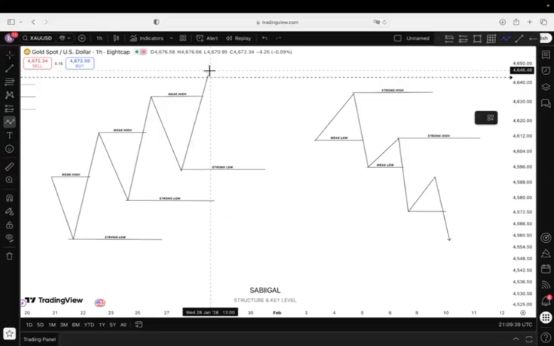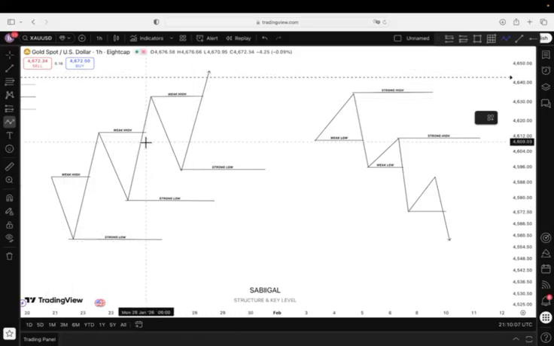When one strong point gets taken out, it is said that price should continue in the opposite direction. Now, what's the opposite? High, up and down. The opposite of uptrend is downtrend. So if a strong low, a strong point gets taken out in an uptrend, the opposite of up is what? Down.